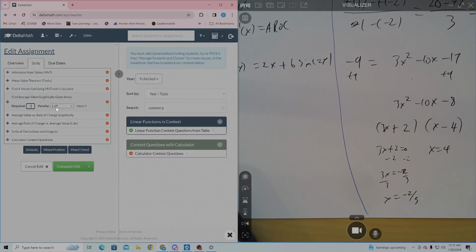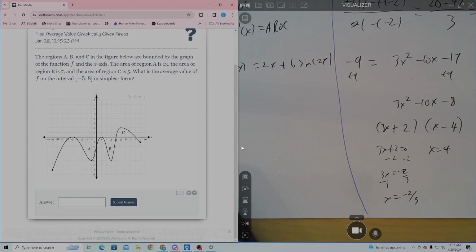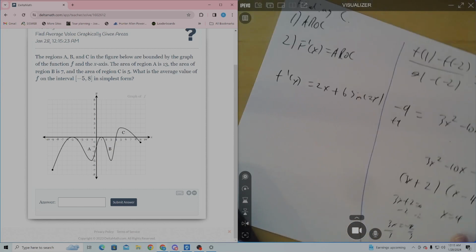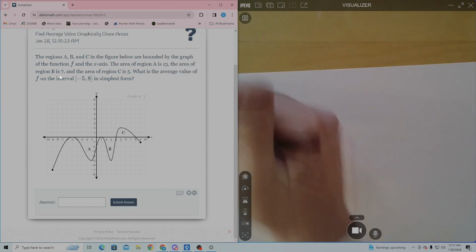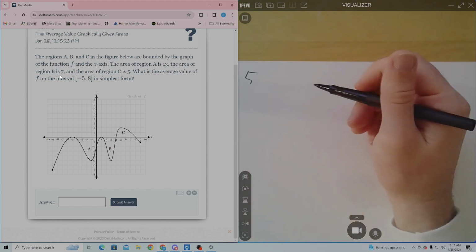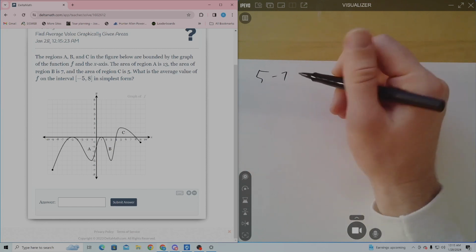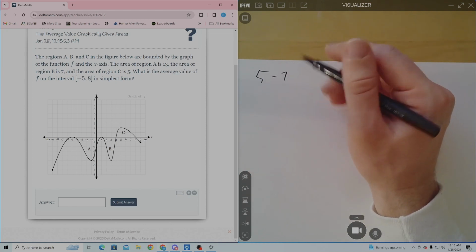I might as well keep going. Let's go crazy, guys. These are pretty easy. Remember, average value is just area divided by the width. For this one, you add up these areas and divide by the width. That's it. So we got 5 minus 7 minus 13.